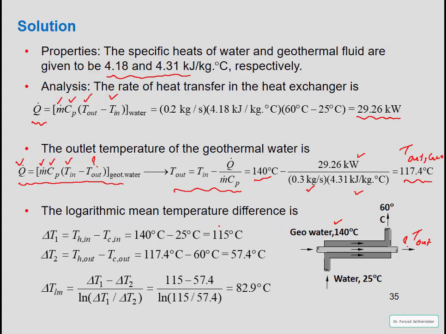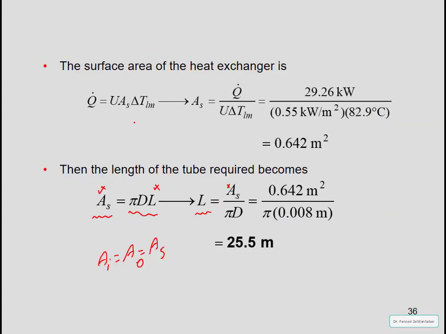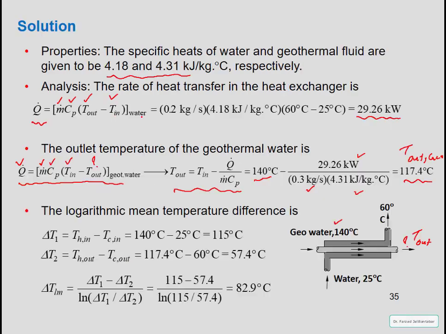We are going to use this equation to find AS, because in this equation Q is already known, and delta T Lm, the logarithmic mean temperature difference, we can find here, because we have all of the required information, all four temperatures.